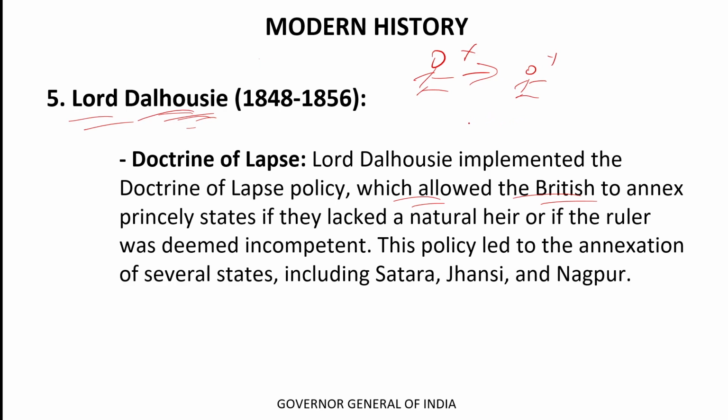But as per the doctrine of lapse, this is not allowed. That ruler could not appoint Y as his heir because Y is not his original son, but adopted. In this scenario, X's kingdom will fall under the control of the British Empire.